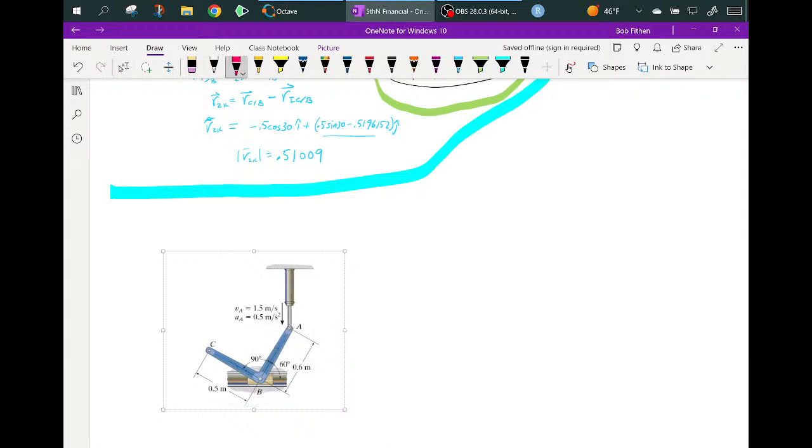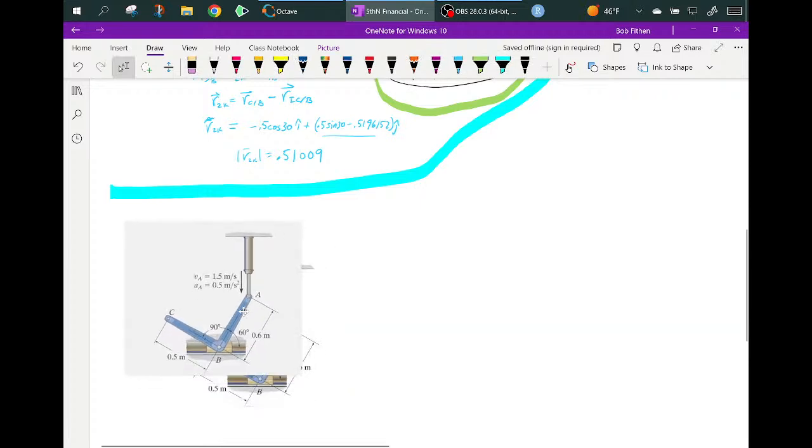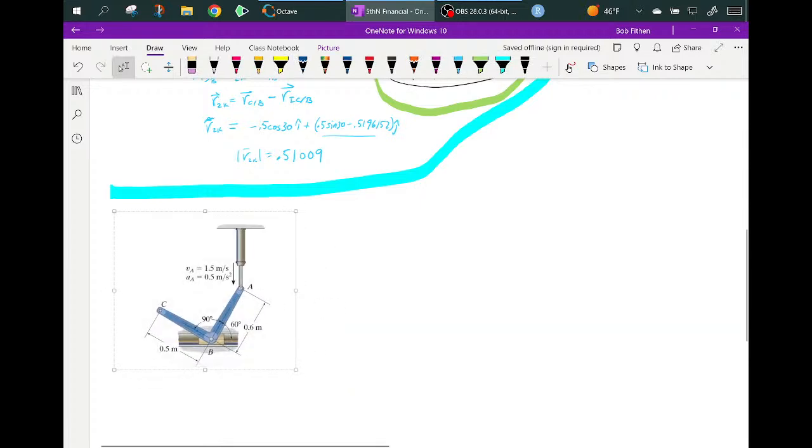All right, here's the thing about the accelerations that can be annoying. You have a check for the velocities, meaning you can use the instant center or the vector equations. For accelerations, you don't have instant centers, you only have the vector equations. So we're going to have to use them.